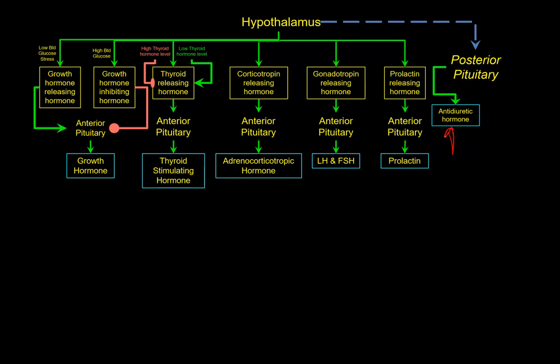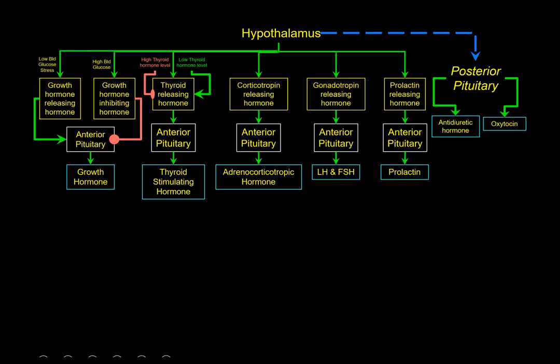Antidiuretic hormone is one of them, and the other is oxytocin. And both of these, like I said, they're made in the hypothalamus. They just kind of get transported to the posterior pituitary. So they're made in one place, get stored in another place, and don't get released unless the hypothalamus gives the say so. So that is kind of how the hypothalamus influences both the anterior pituitary and the posterior pituitary.